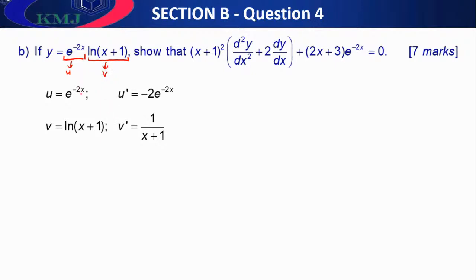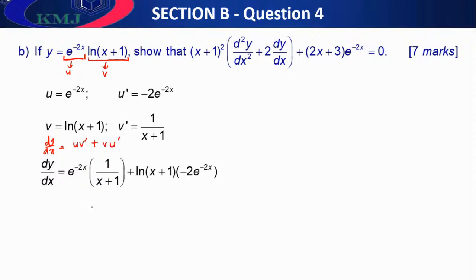Differentiate u, you will get -2e^(-2x), and differentiate v equals ln(x + 1), you will get 1 over (x + 1). And then we just substitute into the formula of the product rule, which is dy/dx equals uv' plus vu'.